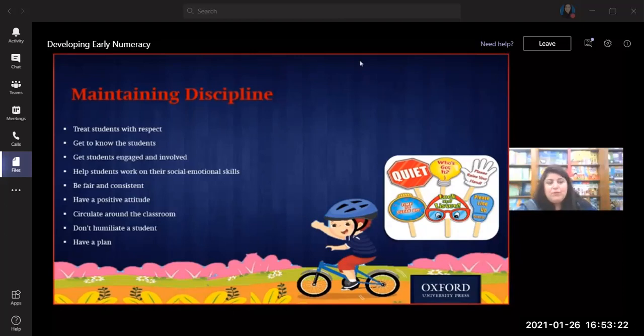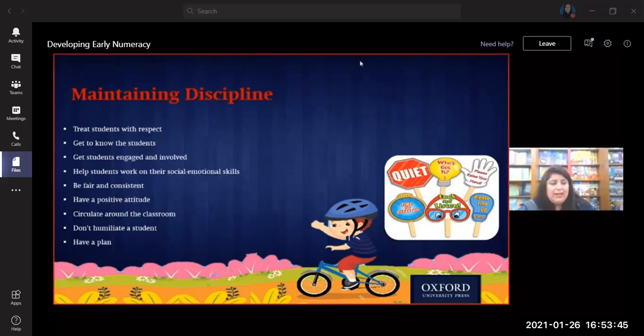So your positive aura is very, very important when you enter the classroom. You must circulate around the classroom all the time so that all children who need that support should feel free to talk to you, and never humiliate a student because that is something which will put them down and they will stop trying to learn.